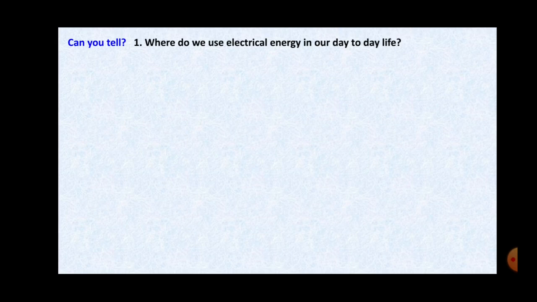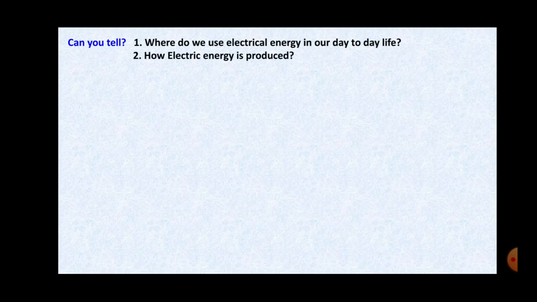Your mobile phone, right? It is also an appliance which runs on electric energy. We have to charge our phone, right? The battery inside the phone is to be charged, so the phone also runs on electrical energy. These are the different uses in our day-to-day life. We cannot even think of living without electrical energy.